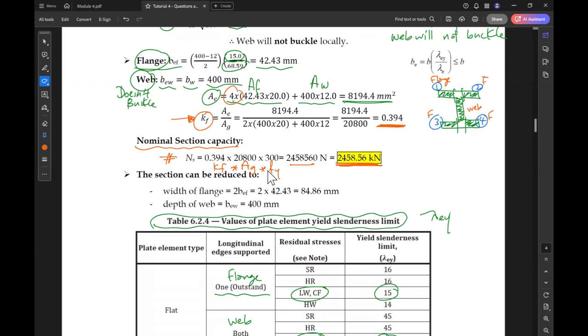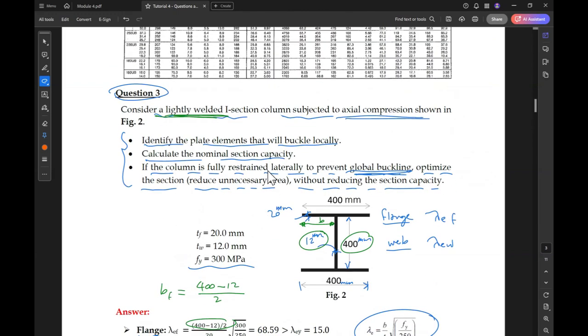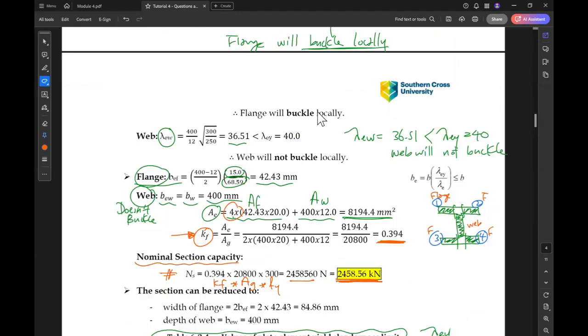Okay, so this is the section capacity. Calculate the nominal section capacity. So we define the section and calculate the nominal section capacity.